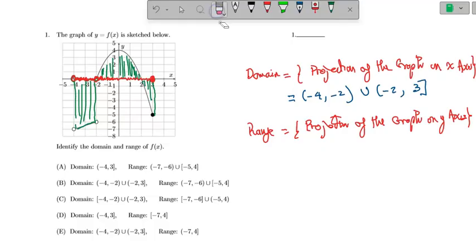Now the range should be the same thing. Instead of doing it on the x-axis, we're going to project it onto the y-axis over here. So let's get into it. This part here is going to be reached at 4. This is shaded. Although this one is open, this one is shaded, so it's going to be shaded.